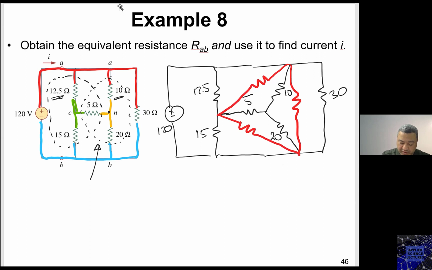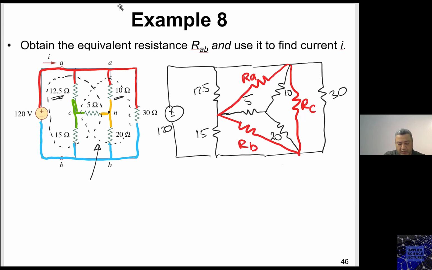So let me call this one R1, R2, R3. If you want, I can call this one RA, RB, and RC, just to maintain the same notations for the delta and the star.